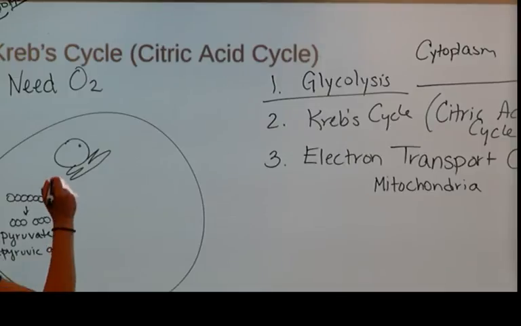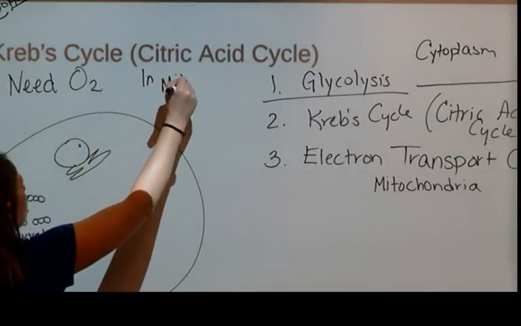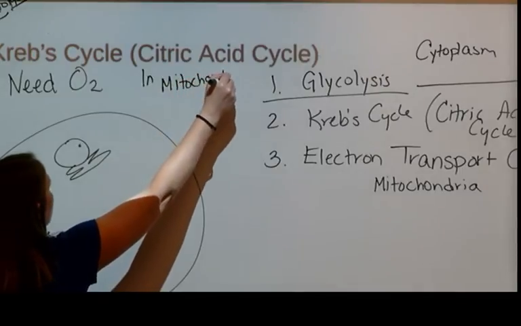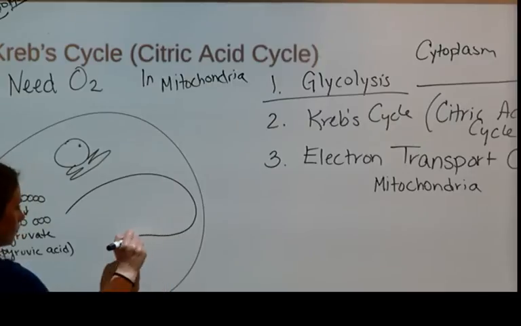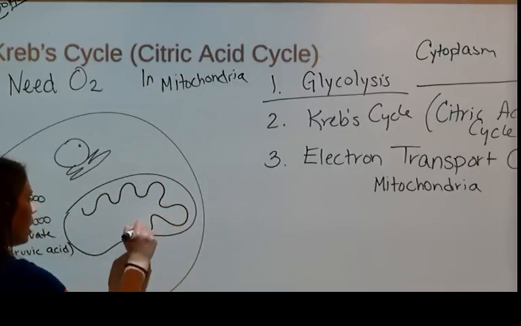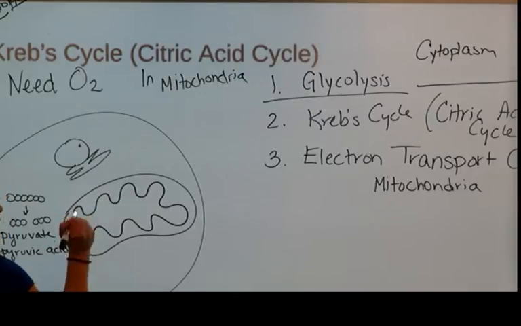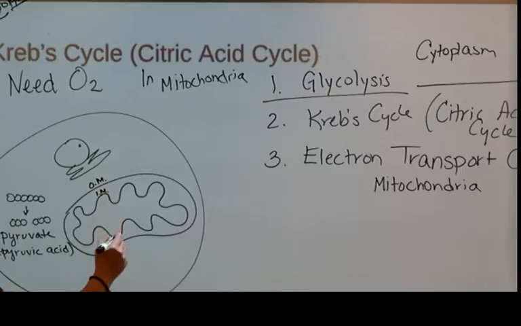Okay, so now we're going into the mitochondria. In the mitochondria, we have a couple of different things: the outer membrane, the inner membrane, and the matrix.